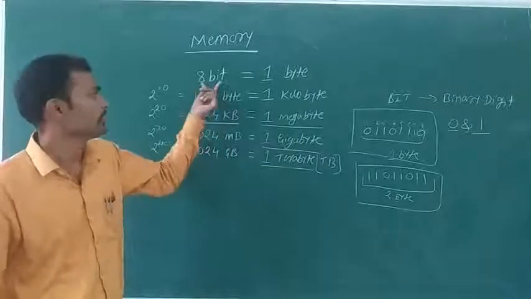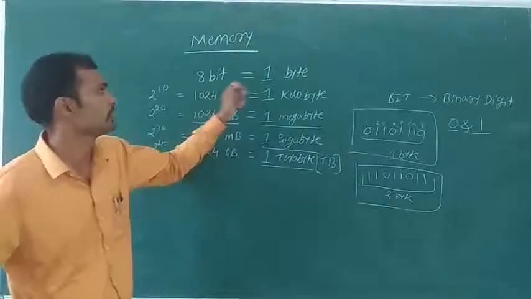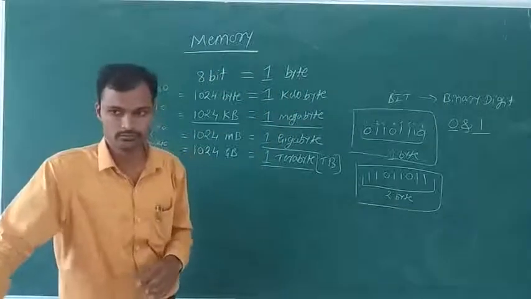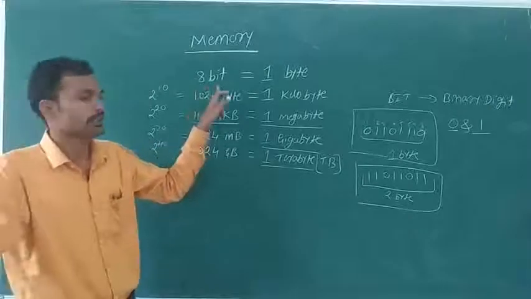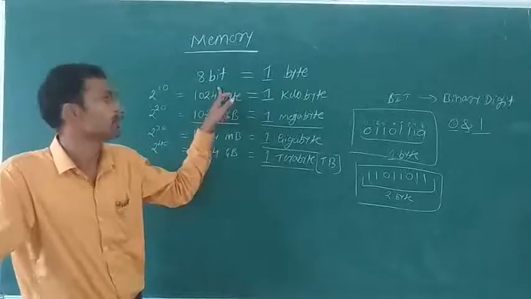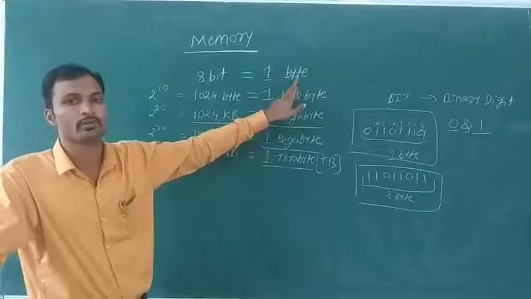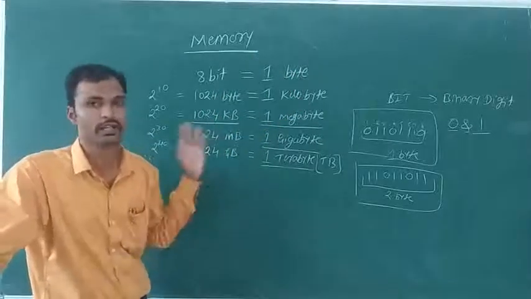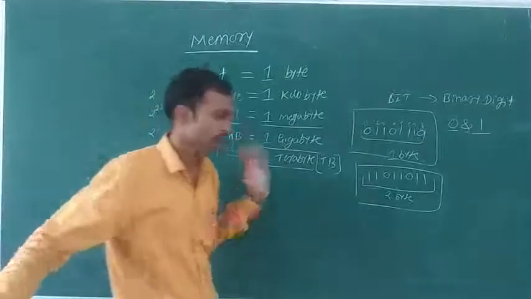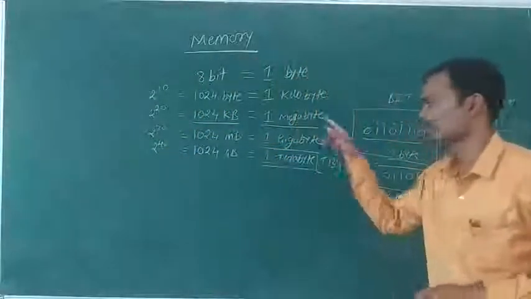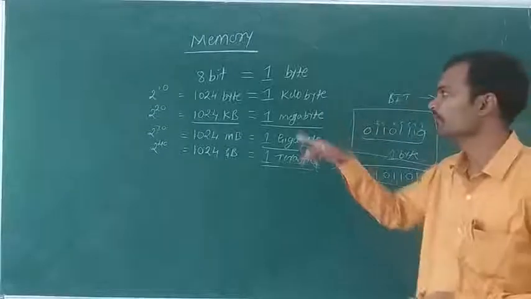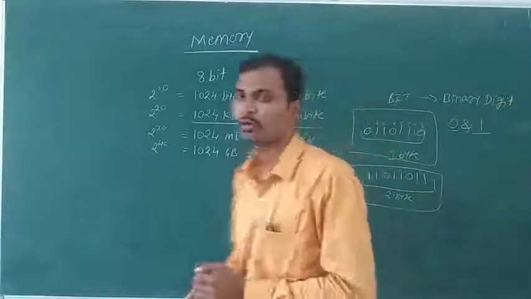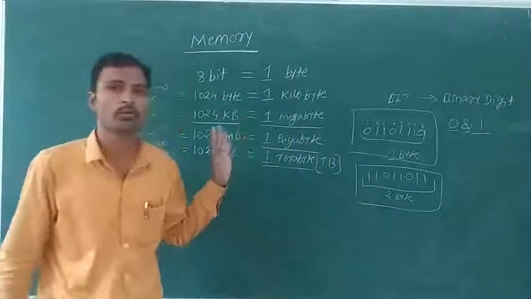If you use 8 bits in a computer, it means you use 1 byte of memory space in your computer or mobile. Got it? This is called memory representation. Understood? If you have any problem in this, you may personally message me or call me.